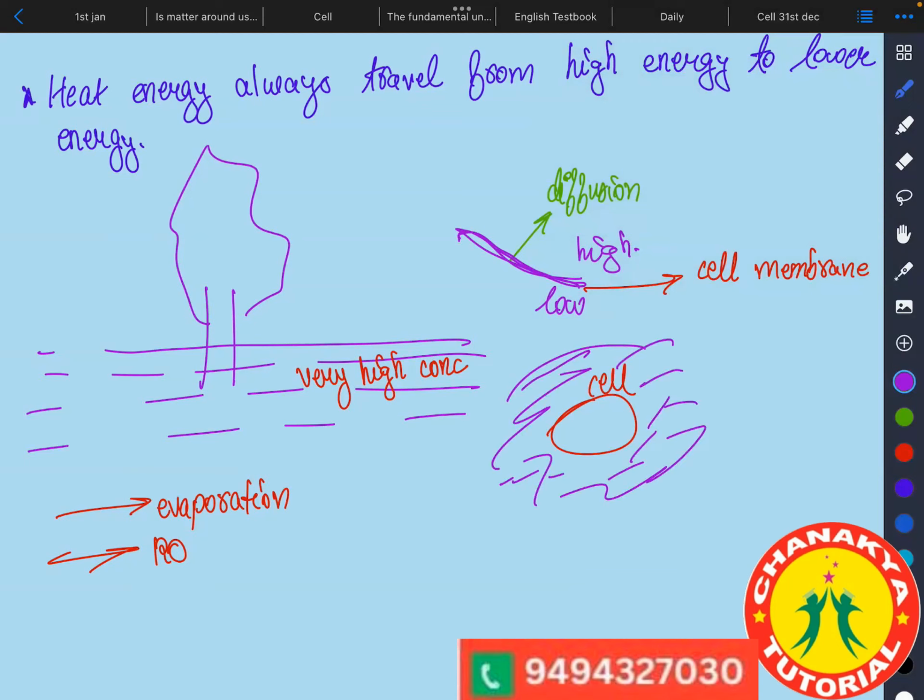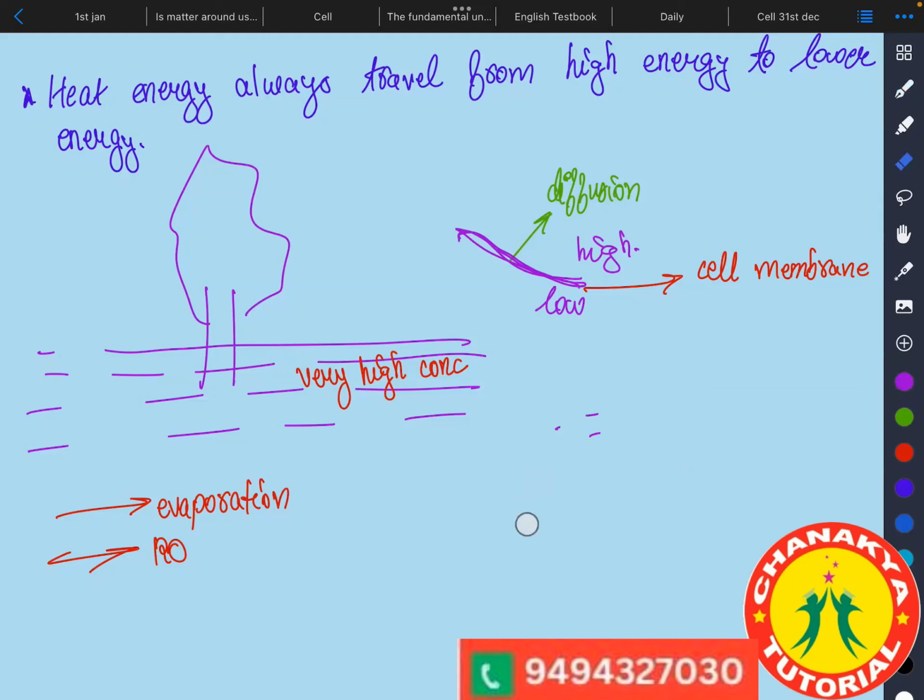Until the water concentration inside the cell becomes the same as outside, the water will pour inside it. The semi-permeable cell membrane also has a function: it does not allow a lot of water to come inside, but even then there is a high concentration.